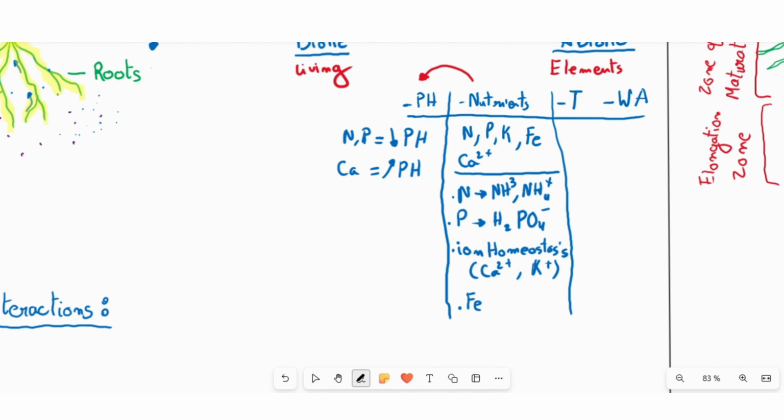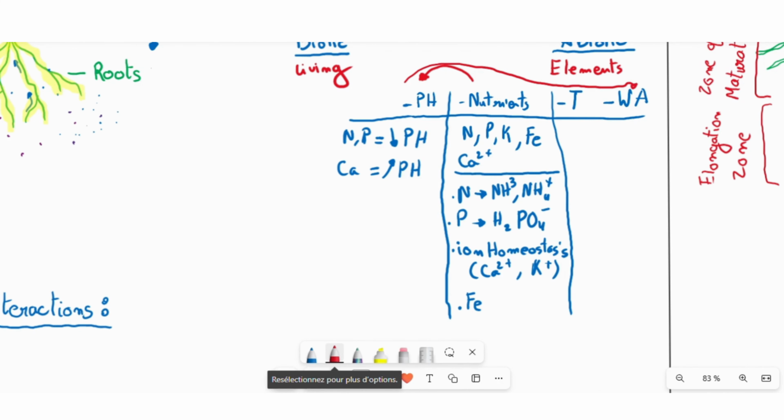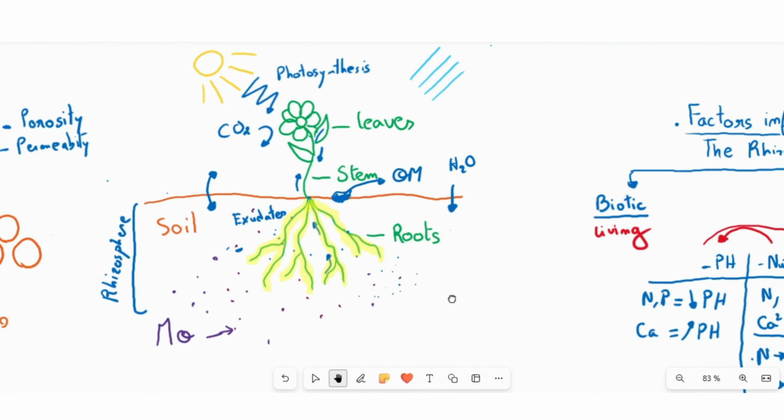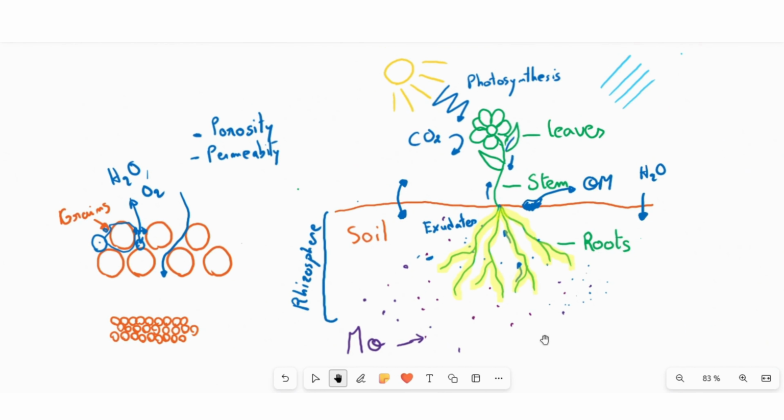Wherever there's pH, there is water activity. And in this case, we're gonna be talking about water activity in regards to not only osmosis, but the availability of water. Let's look at the plant. There's gonna be rain in the environment, and there's gonna be drainage.